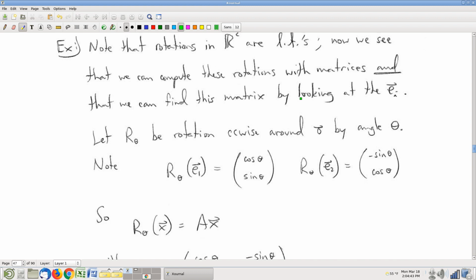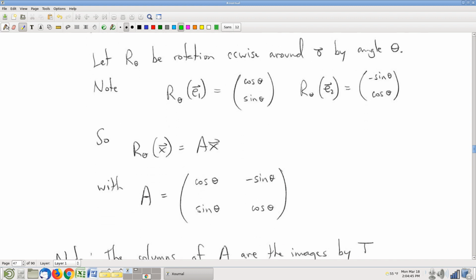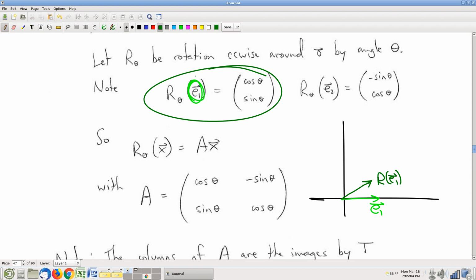Simply knowing that it's a rotation, I can make an easy geometry argument that when I rotate E1, I get this vector here, R of E1, whose formula is easy to write down.